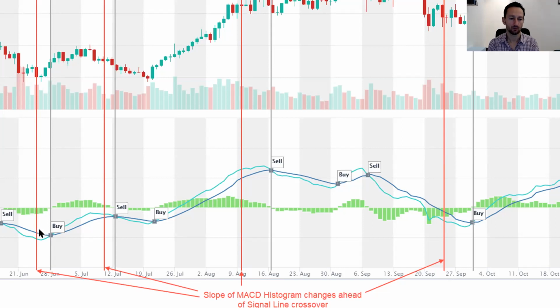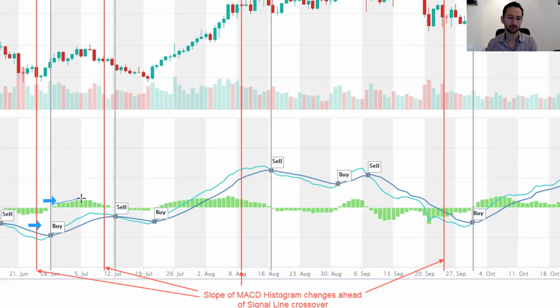And so we would have bought it here, right? And you notice that the histogram bars are rising nicely as the price is going up. The MACD line is rising, the signal line is rising, but slower, and those two are diverging. And as they diverge, indicating increasing and steady momentum in price advances, the histogram bars are rising clearly.